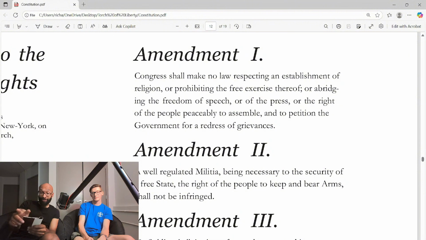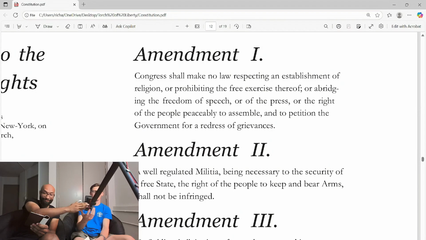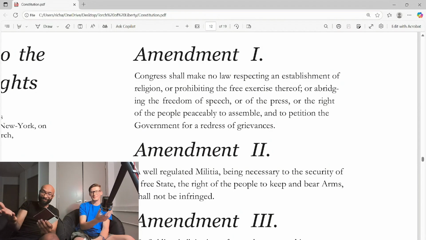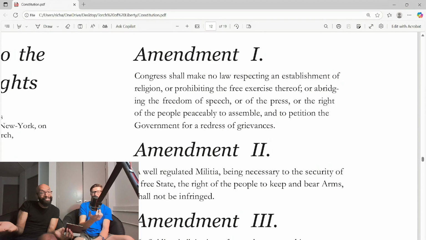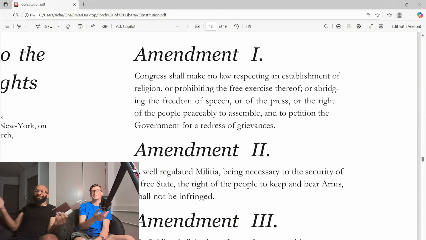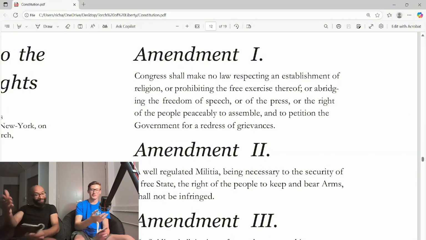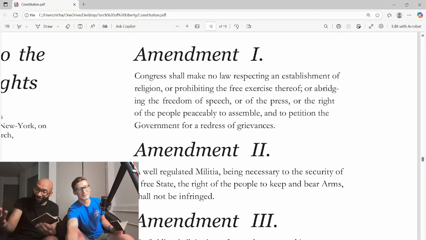But you need a permit, but you need a background check, but you need all these other things. But you can't have X amount of rounds in your clip. Can't have a magazine of certain capacity. That's all infringement. Can't have a certain type of weapon. I'm just saying. And it does say shall not be infringed. Period. Shall not be infringed.